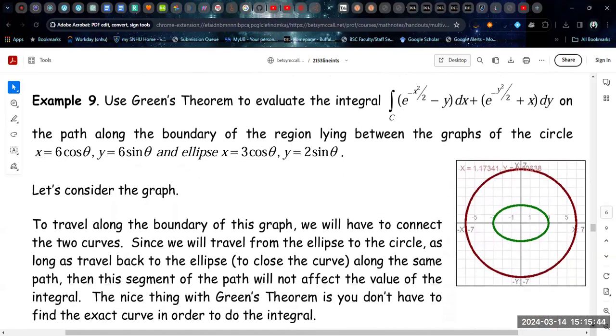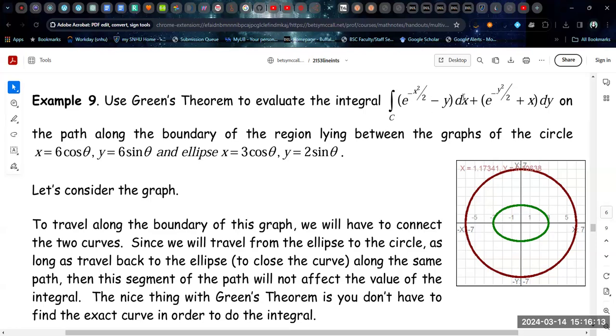Now, Green's theorem also can really help us out in weird regions or when our functions are particularly bizarre. That's often one of the hints of a textbook problem where they're expecting you to use Green's theorem. And so they give you these crazy functions, but you would not want to integrate this by parameterization. Putting trig functions inside of an exponential function would be horrifying.